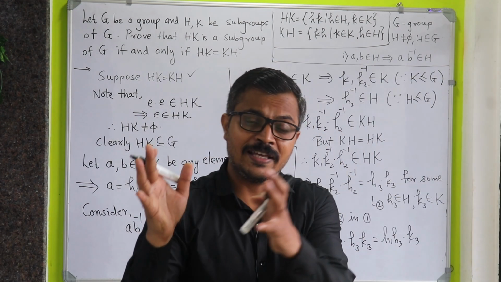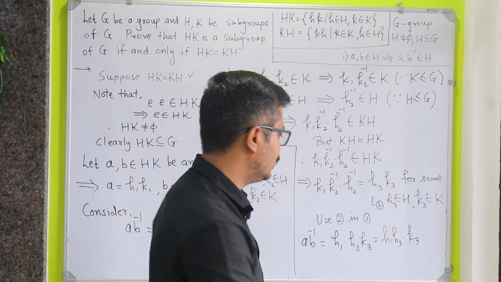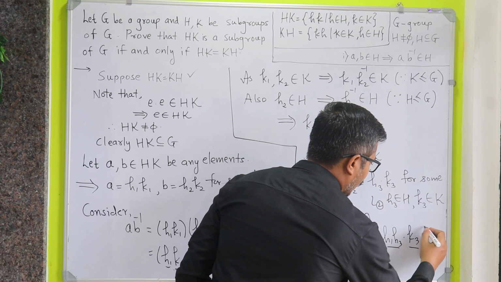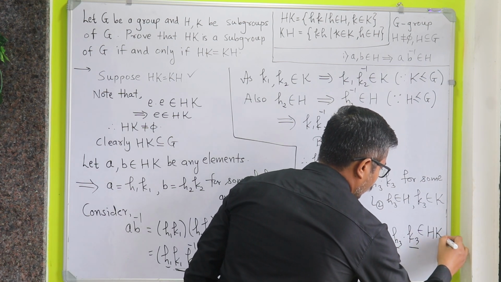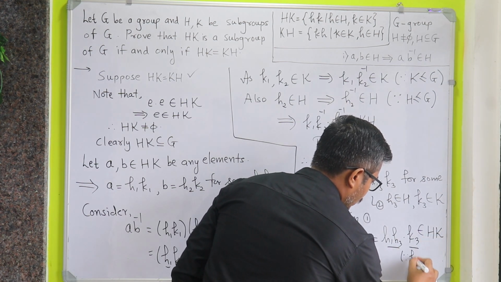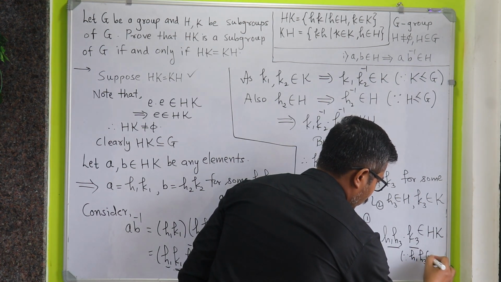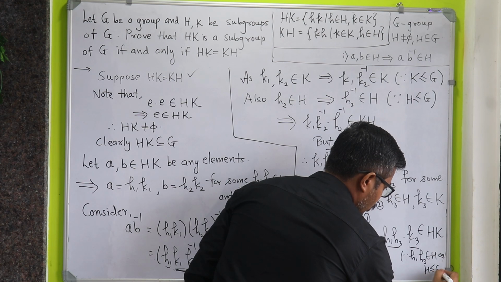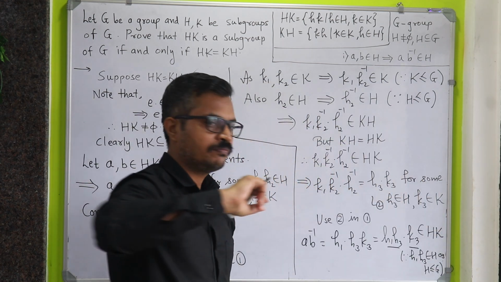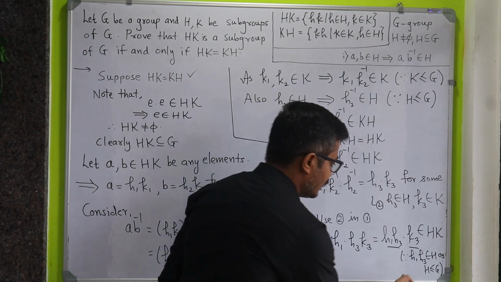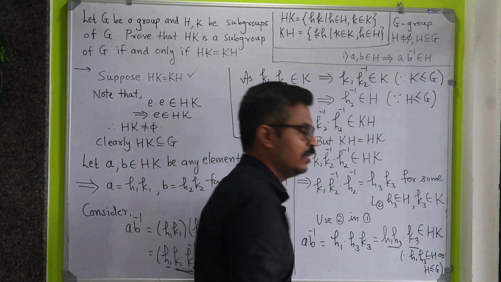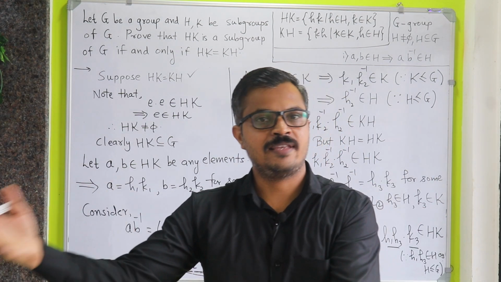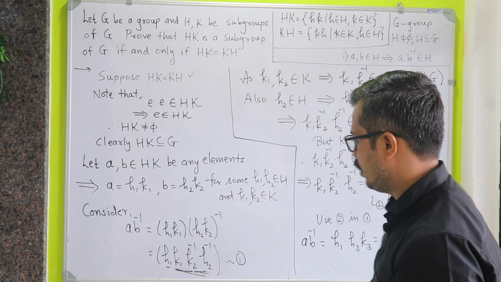So therefore we have expressed AB inverse as a product of an element of H and an element of K, and therefore this belongs to HK. Let me mention the reason. This H1 H3 belongs to H as H is a subgroup of G. We have used the first condition of the two-step test: A, B belongs to H implies A multiplied by B belongs to H, right?